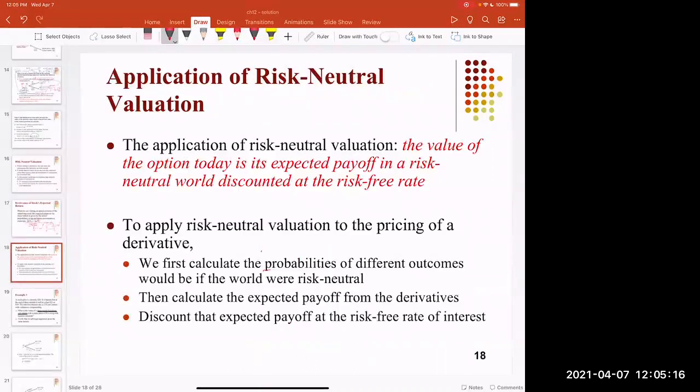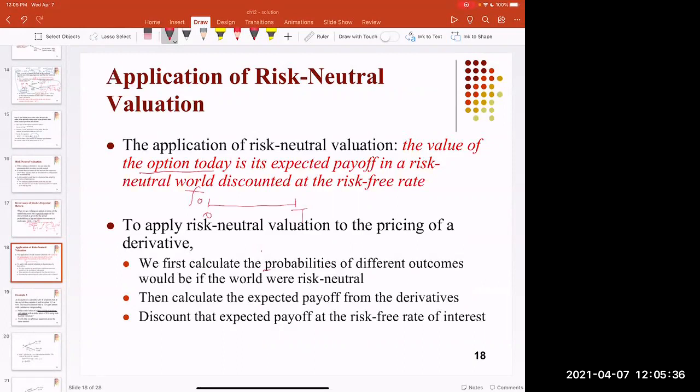The application of risk neutral valuation. The value of the option today, which is what we are looking for, F0, is the expected payoff.